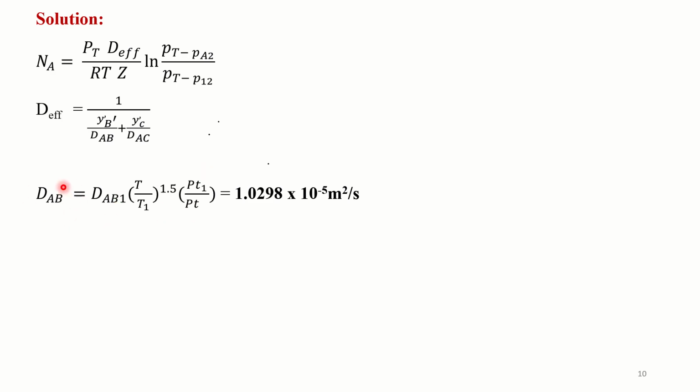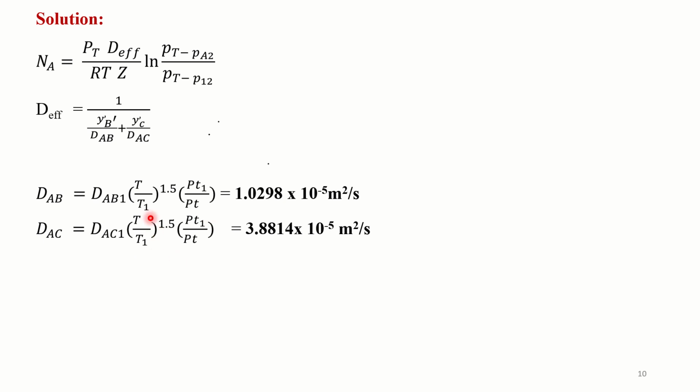So you need DAB, but what is given is DAB1. Corresponding to this DAB1, the given temperature is T1 and the given pressure is PT1. But our process happens at the temperature T and pressure PT. So substitute the data and find the required DAB. Similarly for DAC, the diffusivity of A and C, DAC1 is the given data, and the corresponding temperature and pressure are T1 and PT1.